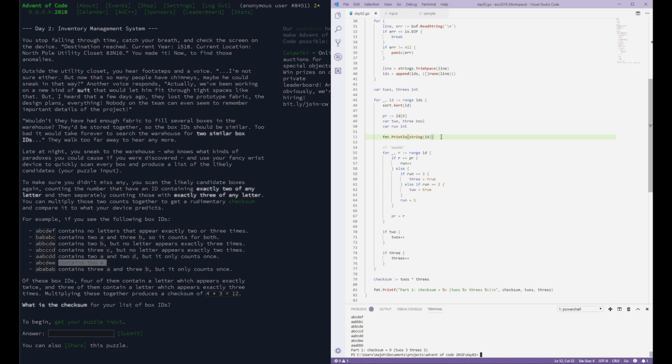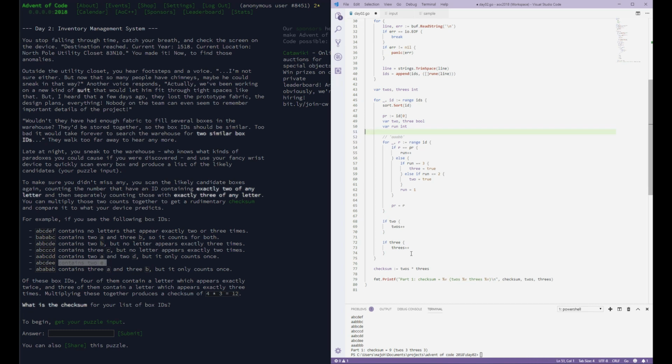Okay, let's print that as well. Let's cut that. Let's go down here and do that.